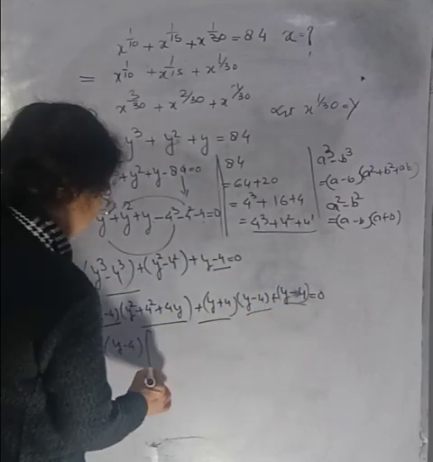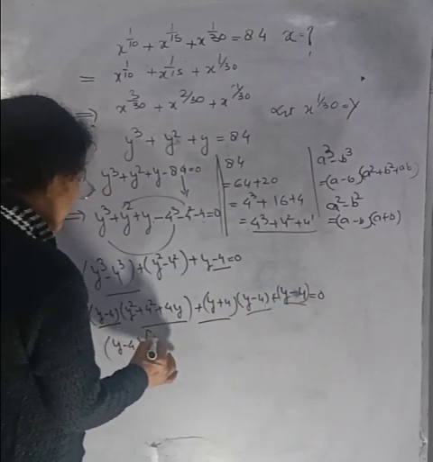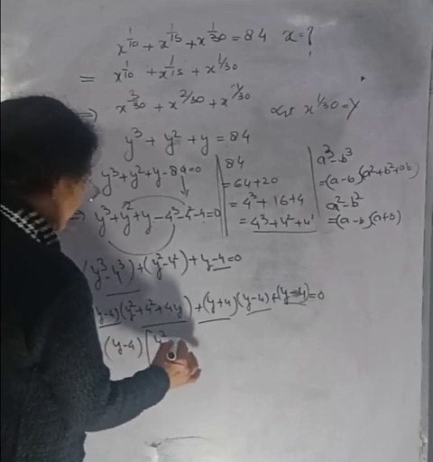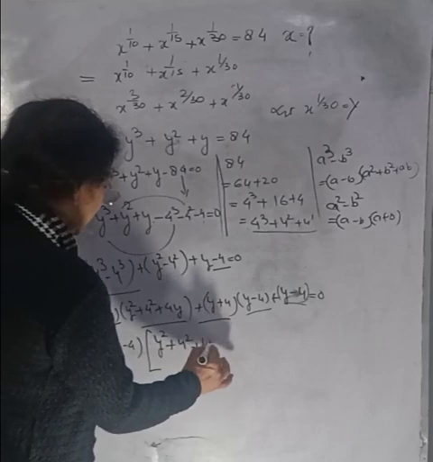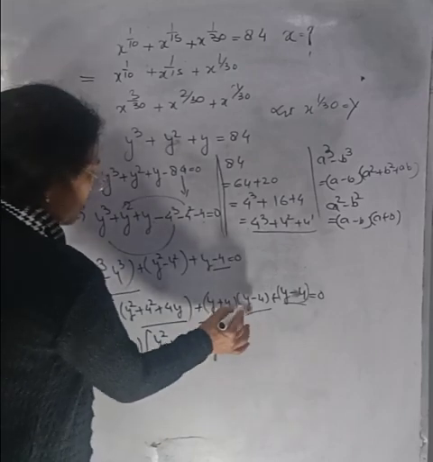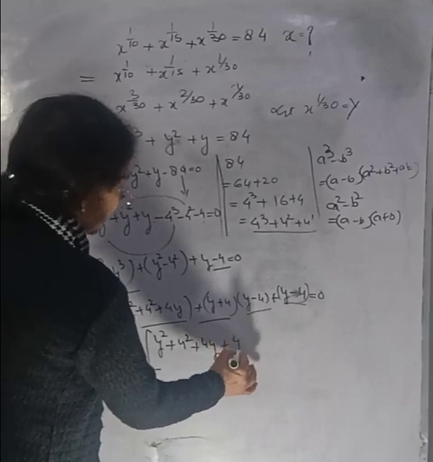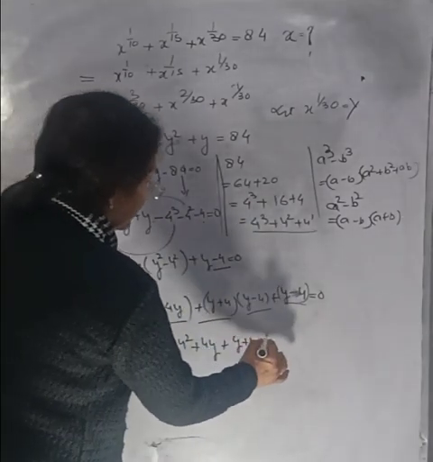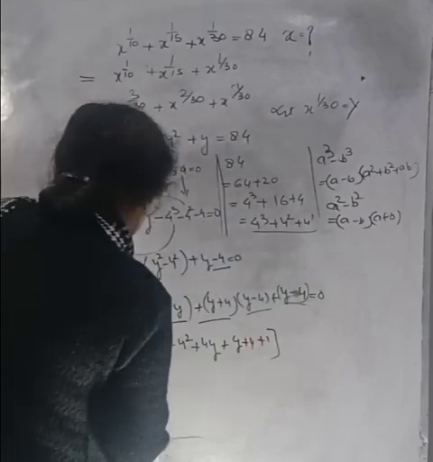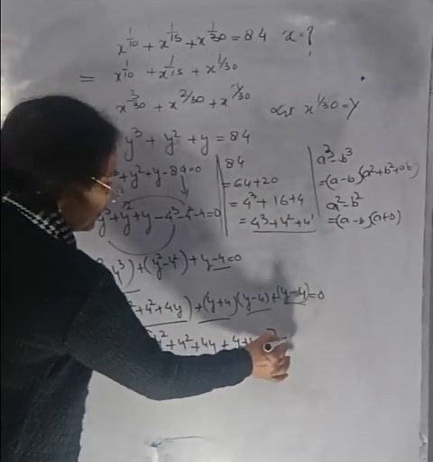So inside the bracket we will get y square plus 4 square plus 4y, plus y plus 4, and plus 1. This is simply the equation which is equal to 0.